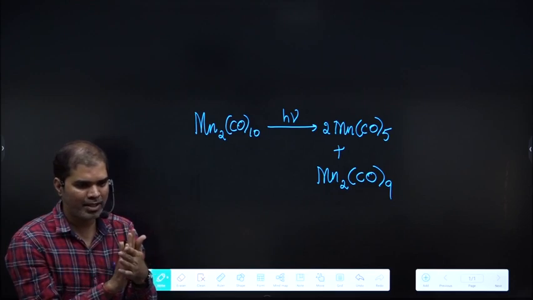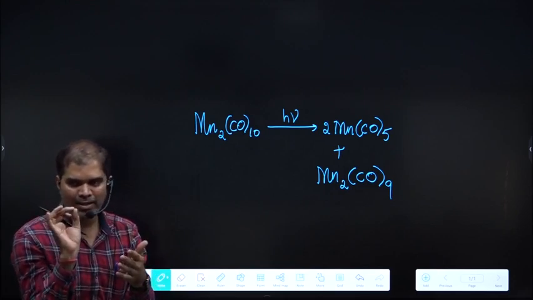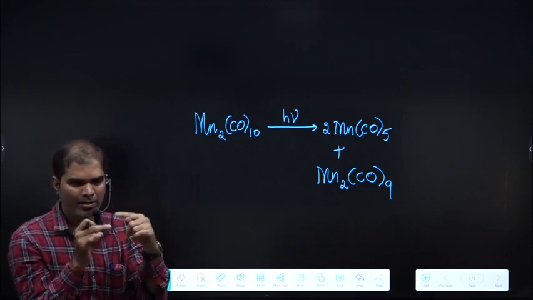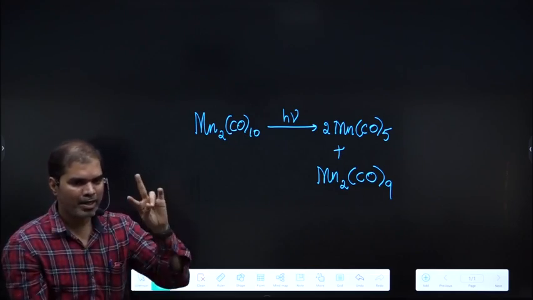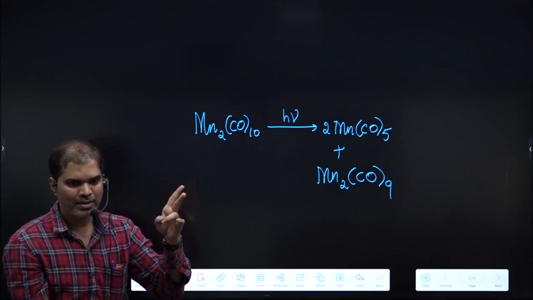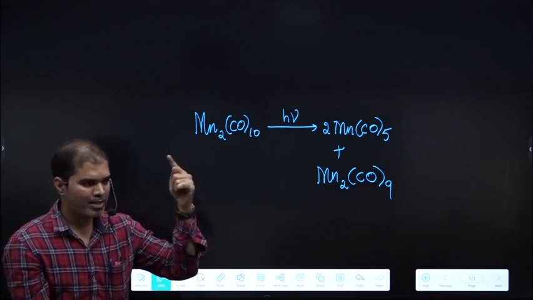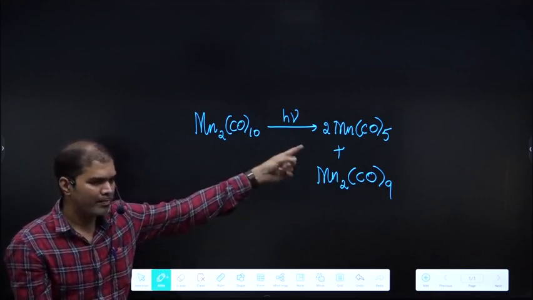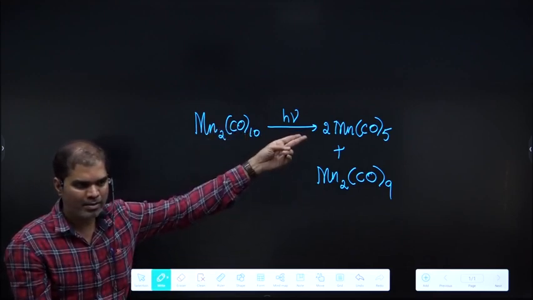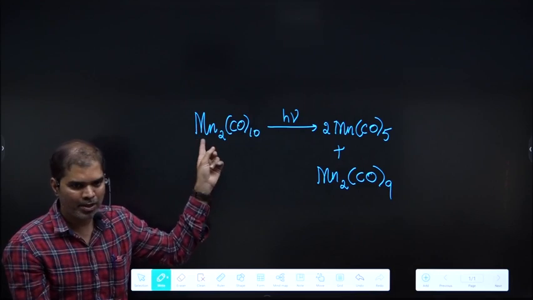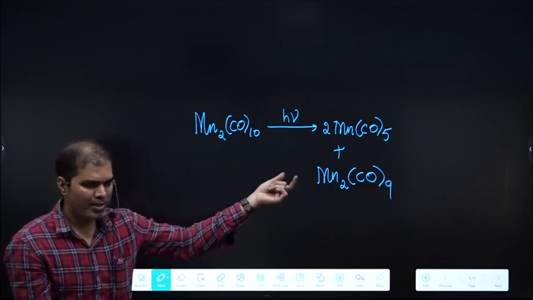Any carbonyl cluster, whenever I subject it to light, either carbonyl will break or metal-metal bond will break. Both can also happen. Here you can see both. Mn2CO10 is breaking down into two MnCO5 units, or in another, Mn2CO10, a carbonyl has been broken.